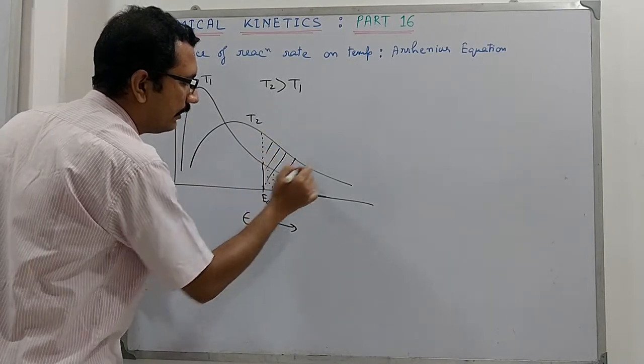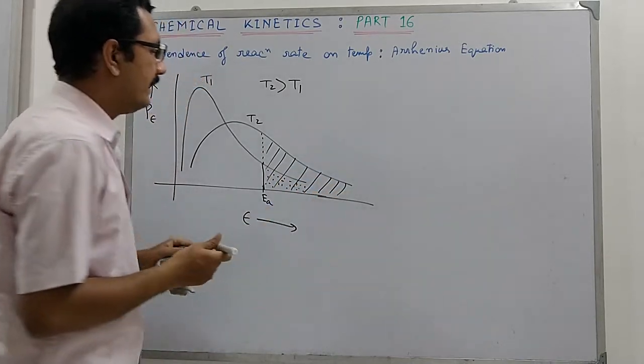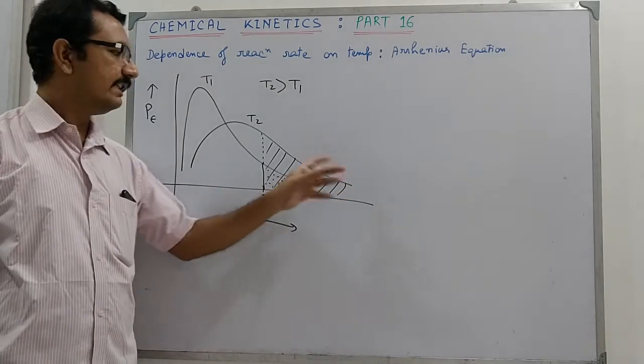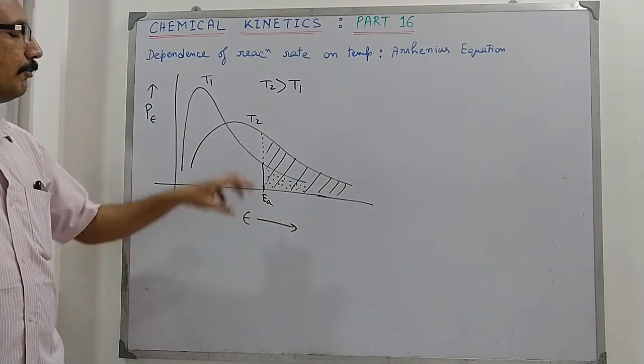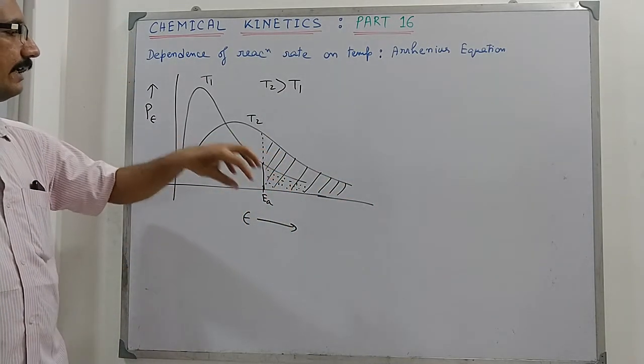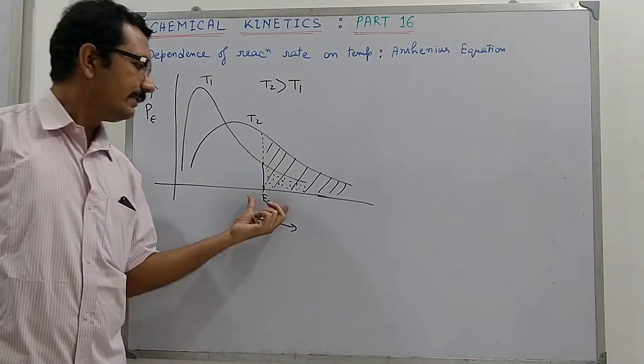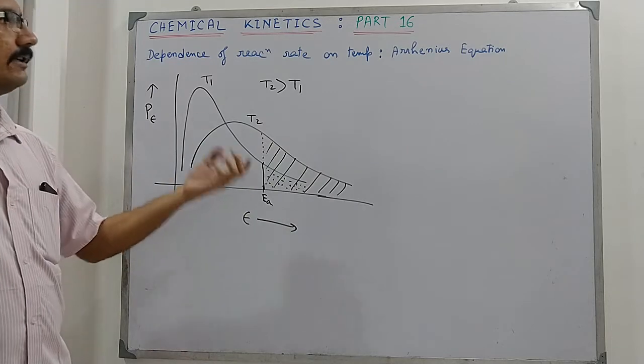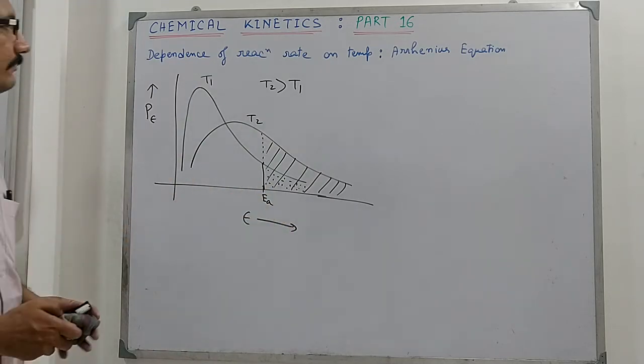So you have a larger number of molecules that are eligible to cross the barrier. So you have an enhanced rate. So with increase in temperature, more and more molecules gain thermal energy greater than the activation energy required for the reaction to happen, and the reaction rate increases.